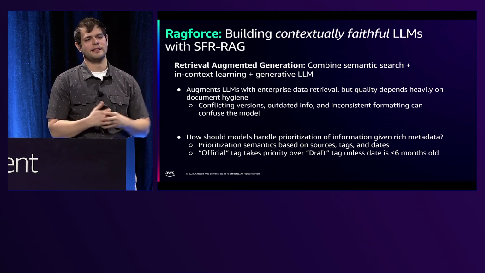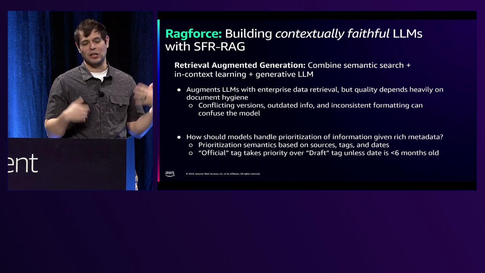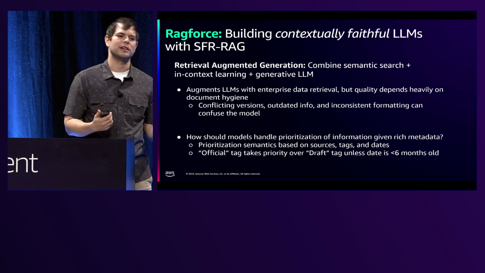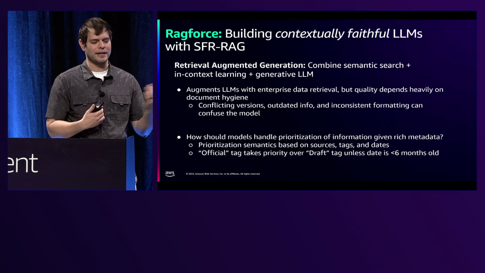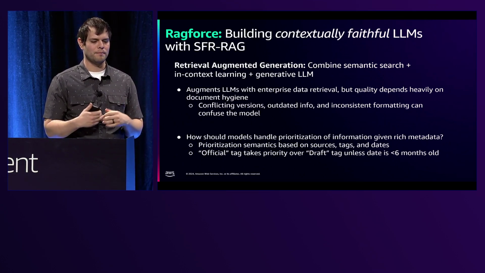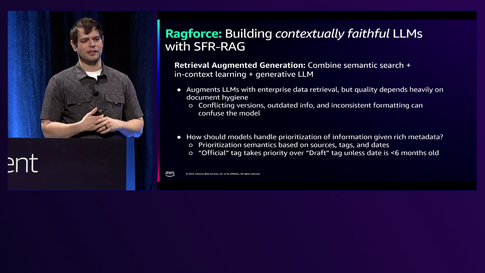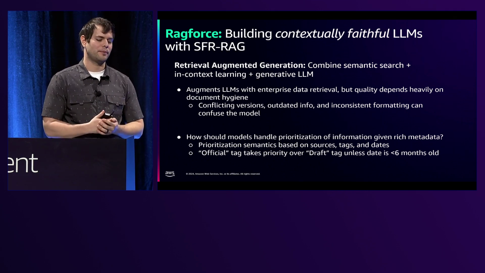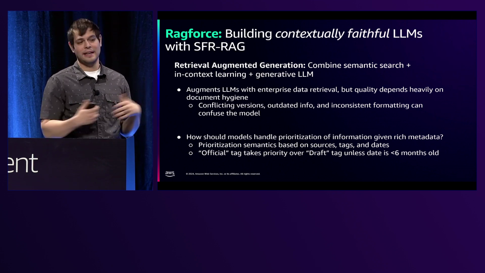And this is one of those things where it works great in demos, but in practice, a lot of things can go wrong. One key pain point we've noticed by working with enterprise customers in the RAG use case is that the quality heavily depends on document hygiene. In practice, many of your enterprise documents have conflicting versions, or this is a big one, outdated info.